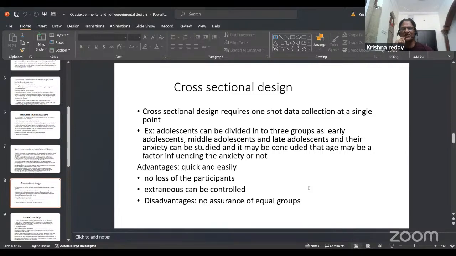Personally, I believe the anxiety levels of 18-year-old adolescents would be very high because during that time they would be in intermediate. They will be facing the examinations, and they also talk about the IIT, then NIT, and other things. There will be so much curiosity, anxiety, and other things. So the anxiety levels would be very high among the 18-year age group.